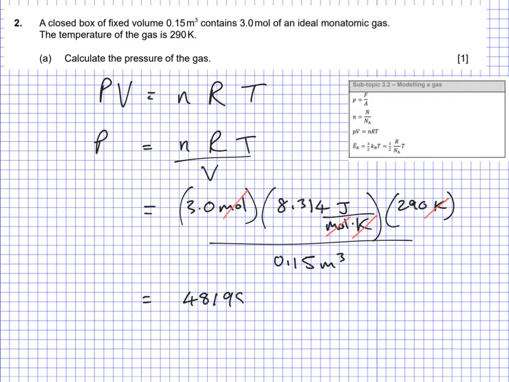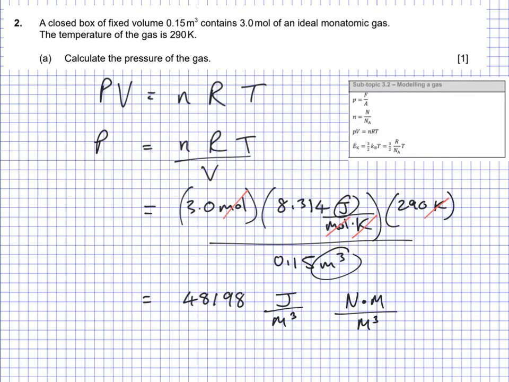So we're left with, if we actually did the calculation, put the numbers into our calculator, I think we get 48198. And if we look at what we have so far, we have joules over meters cubed. That doesn't really give us much sense of pressure. So let's look at these units in a bit more detail. Another way of saying a joule, if we look at our work energy theorem, is newton times meter, divided by meters cubed here.